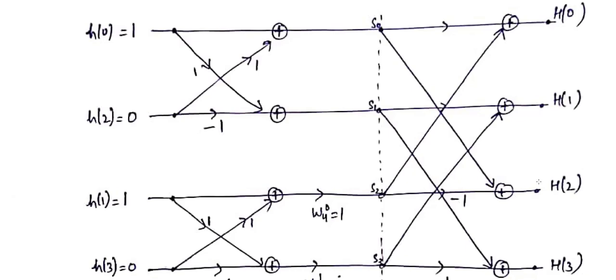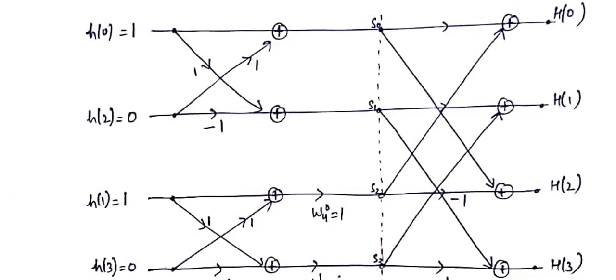So these are the 4 values which correspond to the DFT of h, which we have calculated using the decimation in time FFT algorithm.